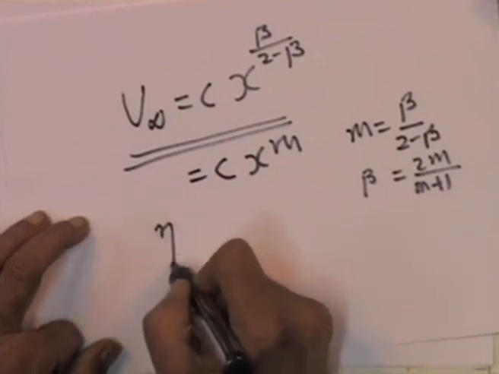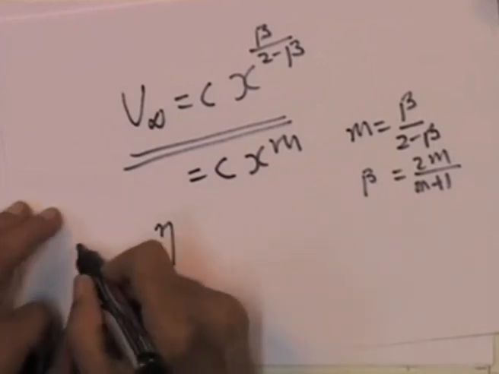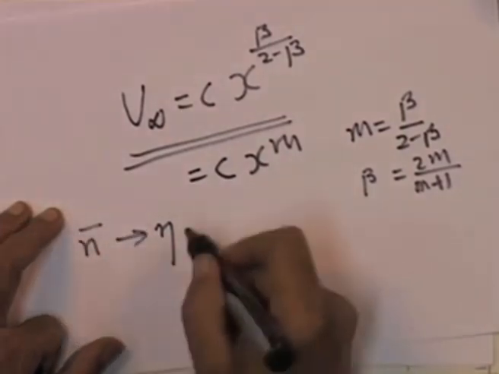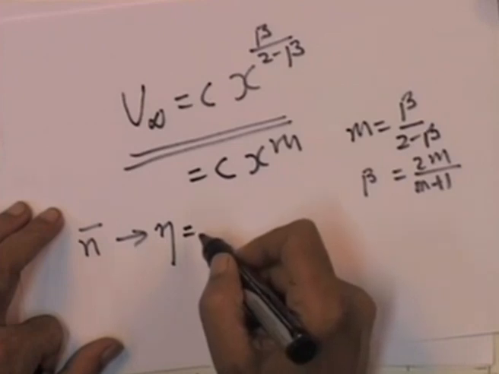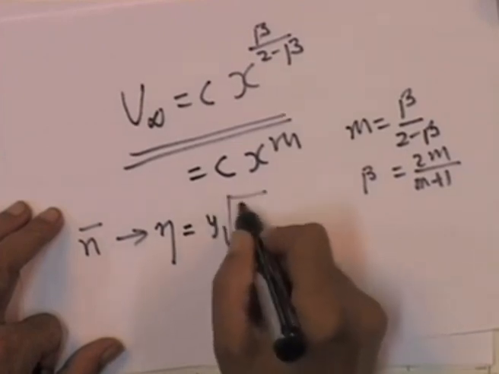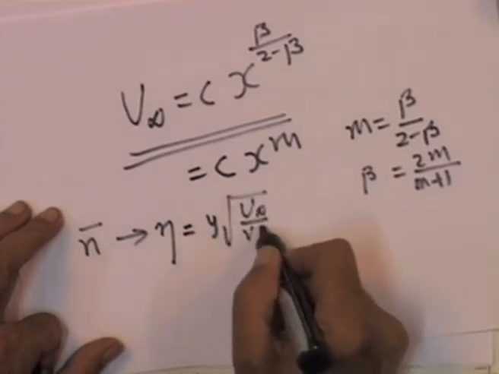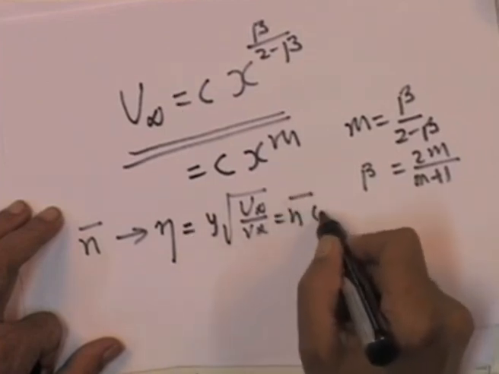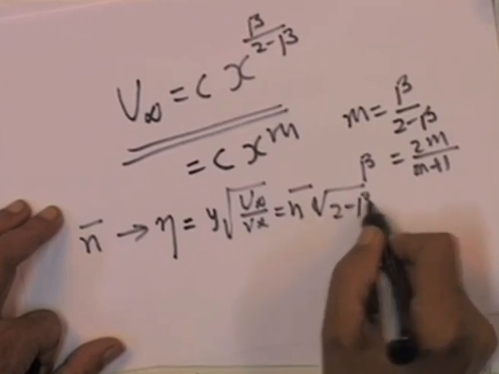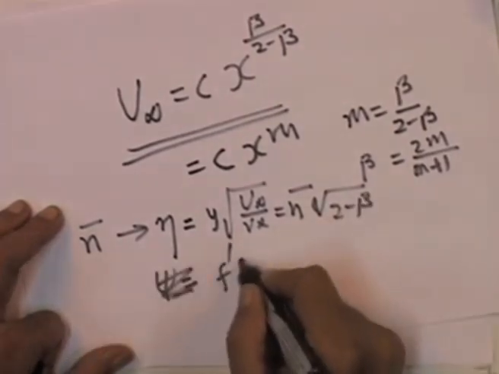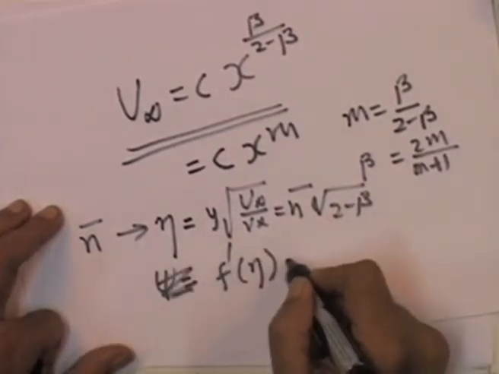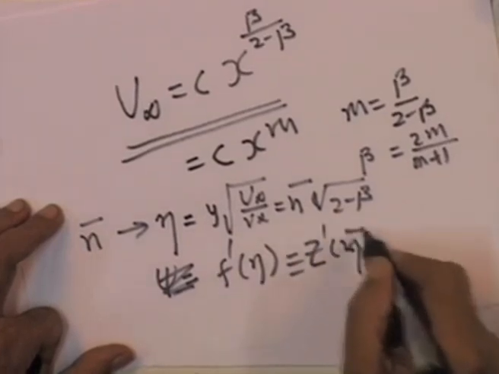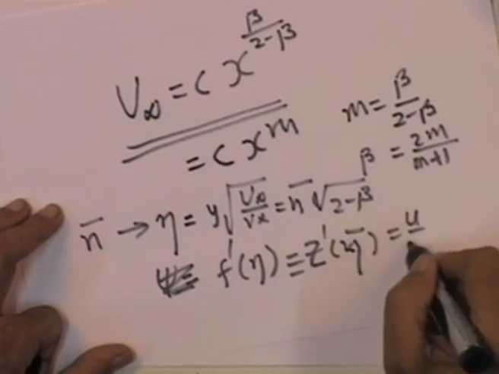Eta bar I am changing to eta, and eta I am defining as y times under root u infinity by nu x, which will be equal to eta bar times under root 2 minus beta. Remember, f dash eta equal to z dash eta bar equal to u over u infinity.